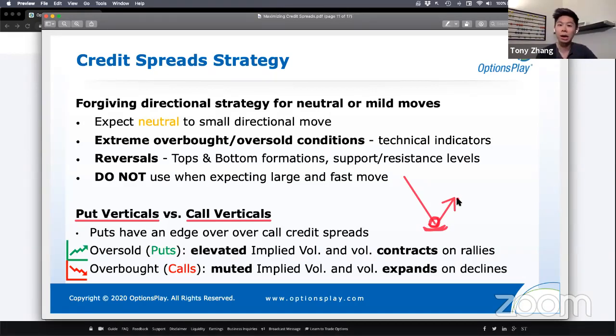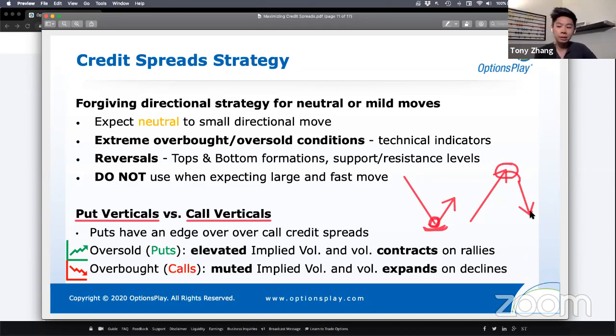Vice versa, when you're selling a call credit spread, you're generally selling it near a market top. That's when volatility is lowest. So when you do get that reversal lower and the markets start to turn lower, guess what? Volatility starts to pick up, and that works against you on a call credit spread. So be careful, or just think about that next time.